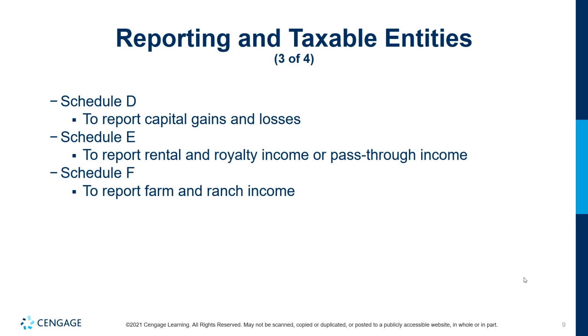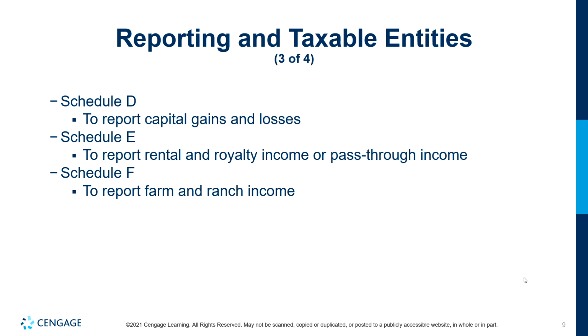And last but not least, Schedule F. And this is to report farm and ranch income. And there's a lot that can go into farming. And mostly it acts similar to Schedule C, but it does have its own unique quirks.